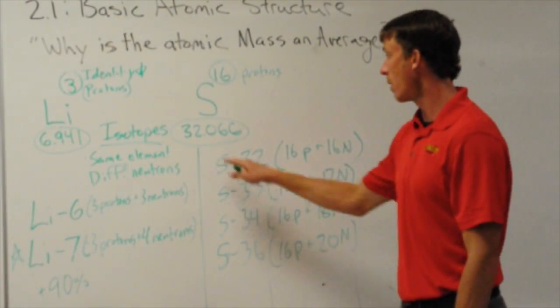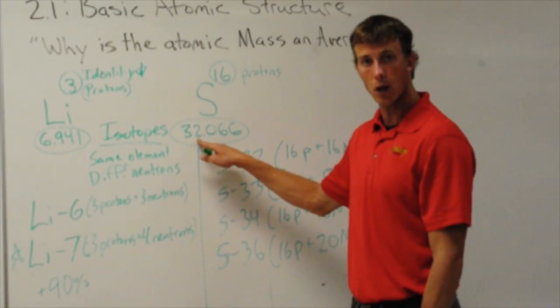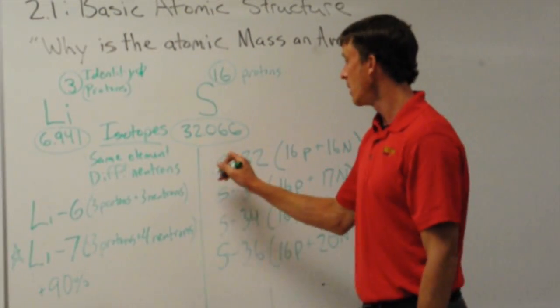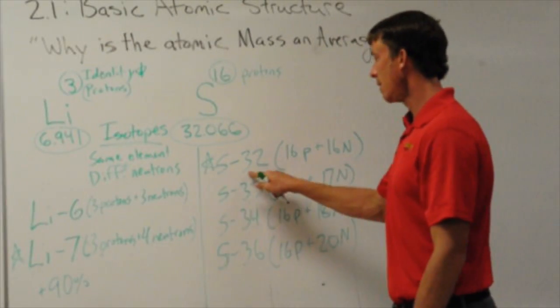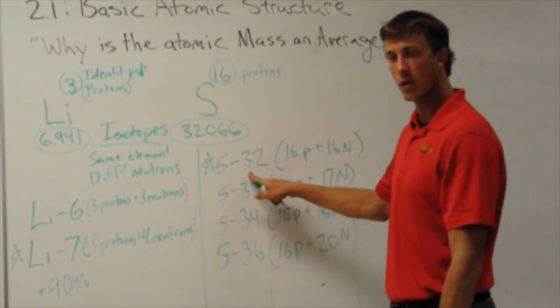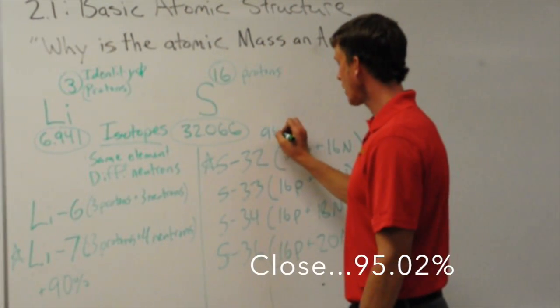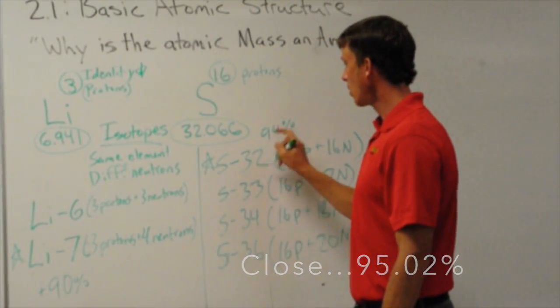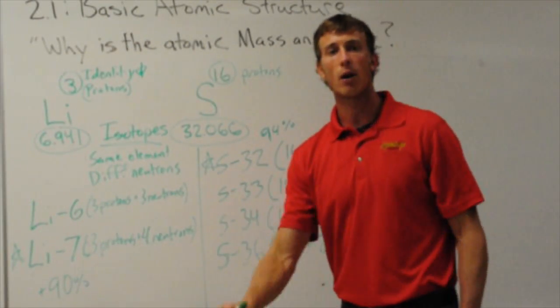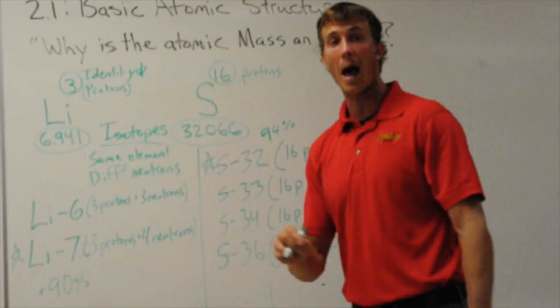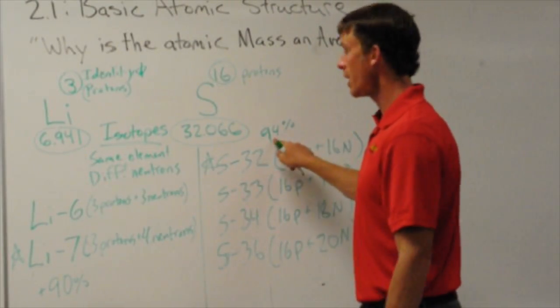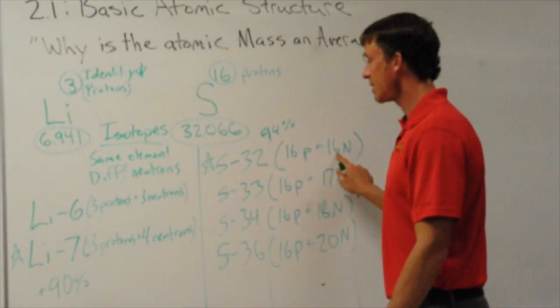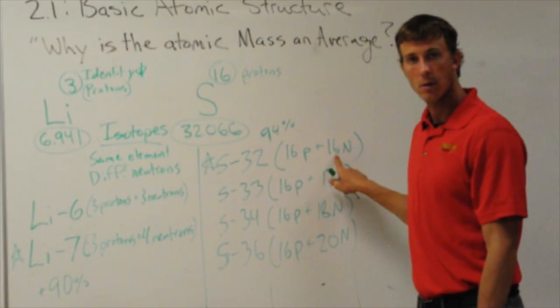The most common one would be the one closest to 32, because that's the average of all of them. So here is the most common one. In fact, this one is like 94%, I believe, something like that. So if I would reach in and grab a sulfur atom, I would have a 94% chance that that atom has 16 neutrons.